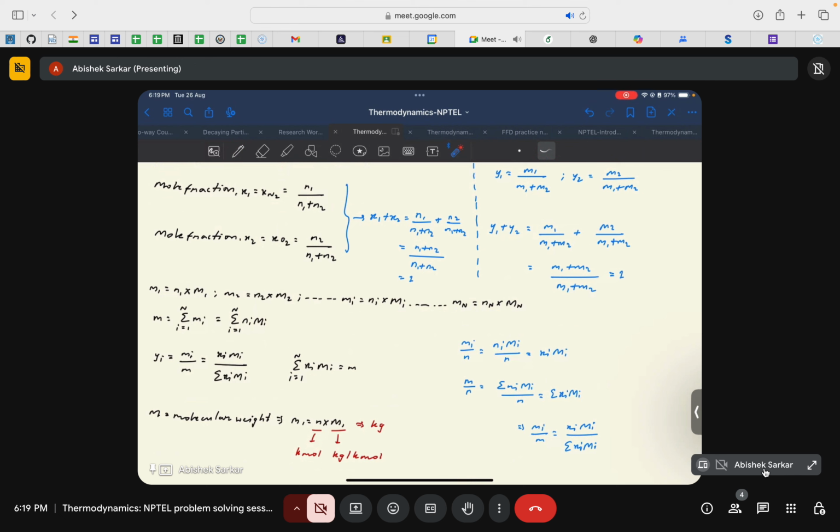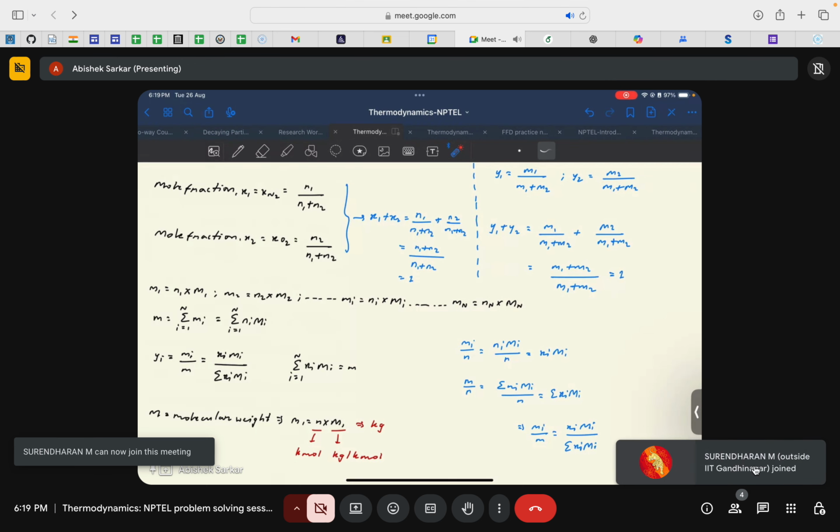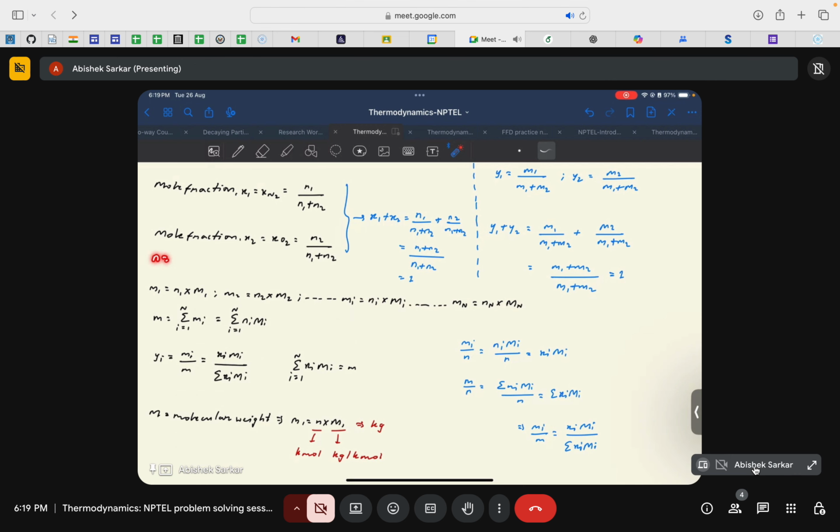Now we know that the number of moles of a particular gas is given by n is equal to the mass of the gas divided by its molecular mass.